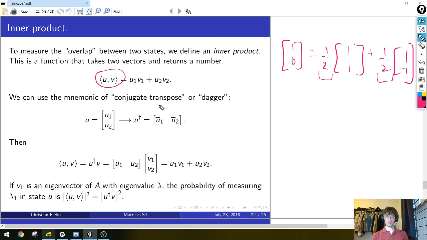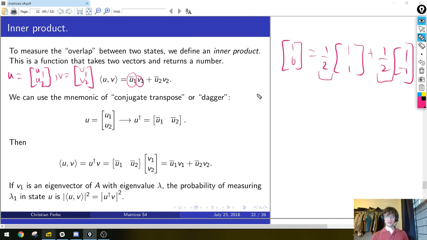It's usually written with angle brackets like this, angle bracket u, v. There are many types of inner products, but the most useful one for quantum mechanics is the one I've written here: if u is a vector (u1, u2) and v is a vector (v1, v2), which are all complex numbers, then you take these two vectors and spit out the number which is the complex conjugate of u1, the top component of u, times v1, plus the complex conjugate of u2 times v2.